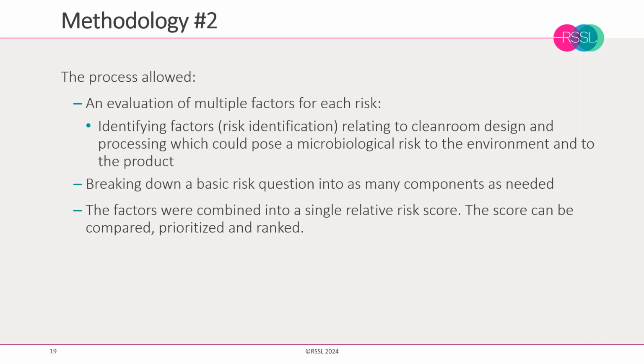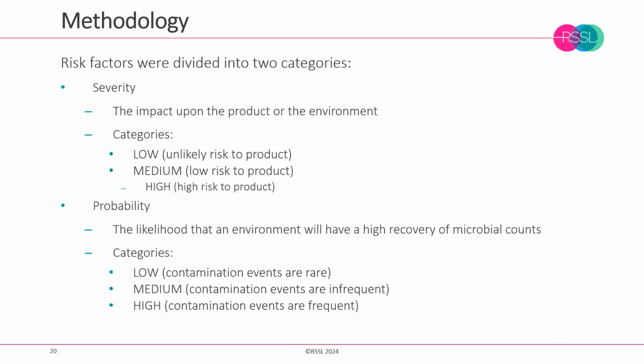And here we've got the exercise of breaking down each risk factor into as many components as are needed, and then using a scoring system so that we can compare, prioritize and rank individual clean rooms. So leading into that process, by taking these two concepts of severity and probability, I'm going to use a scoring system that's based on low, medium, high for each one.